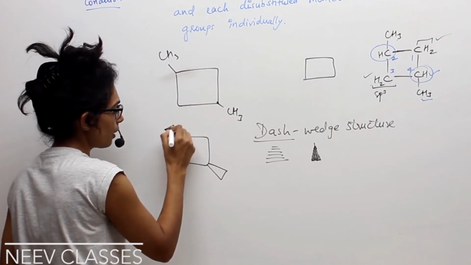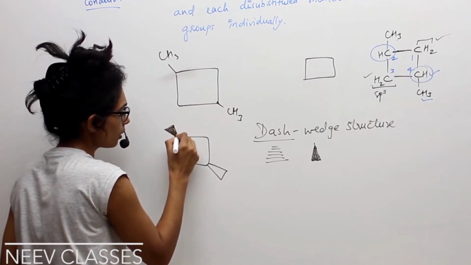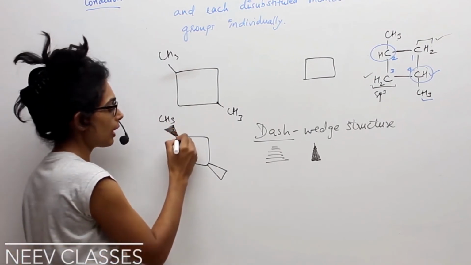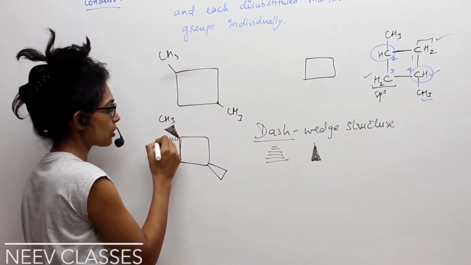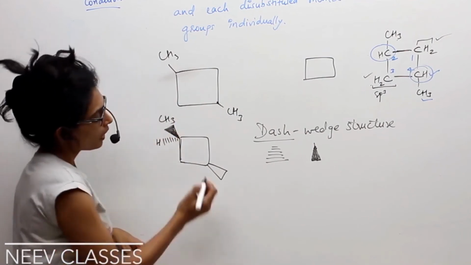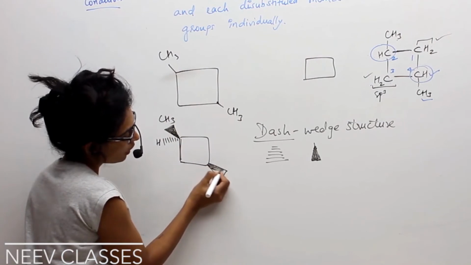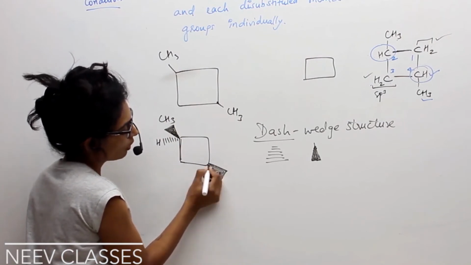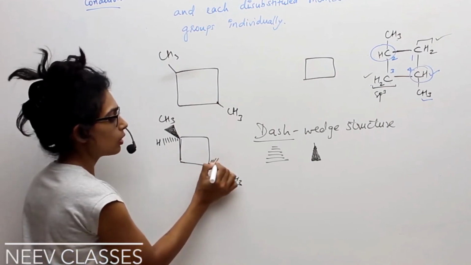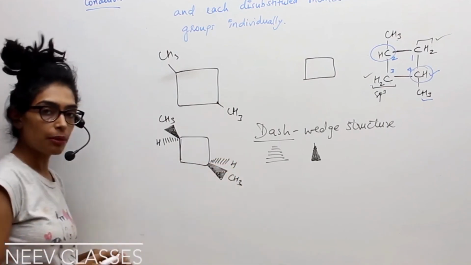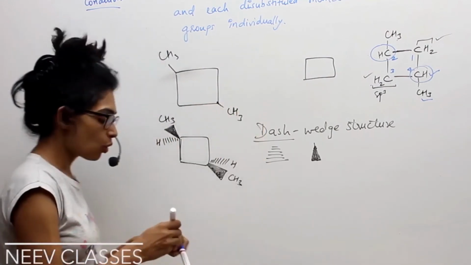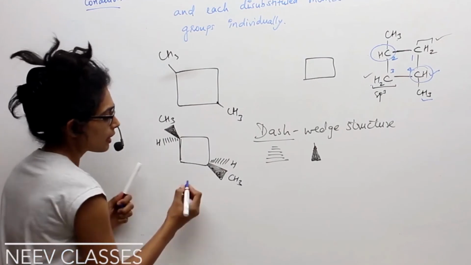If I put a solid bond for CH3, this means it is towards the viewer, and I can place a dashed bond next to it, which shows that hydrogen is down, away from the viewer. Again here, if this is a wedge bond of CH3 and a dash bond of hydrogen, that means both of the CH3s are facing towards the viewer. That means the configuration right now is cis.